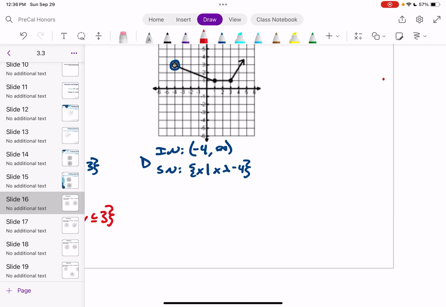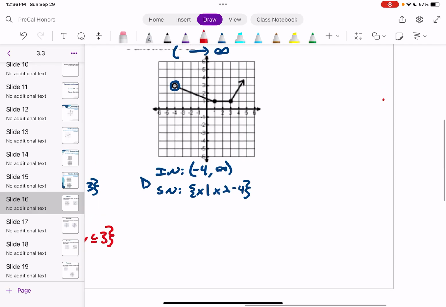In the case of the range, we have our lowest number being 1. And yes, we do go upwards, and we have to keep in mind that we have an open circle here. But because this line continues to travel up in that direction, it will also pass through the 3.